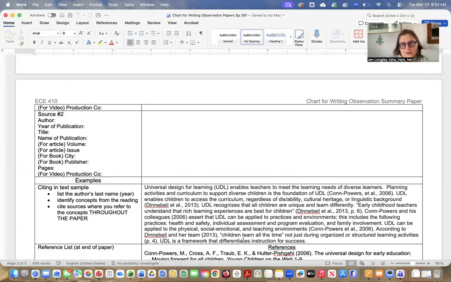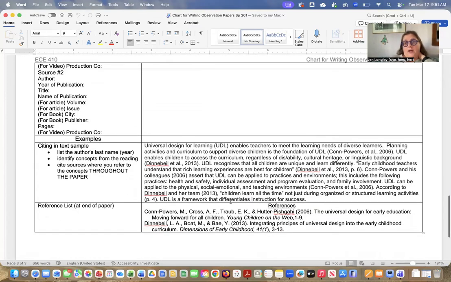You should cite the sources when you use them, or when you refer to the concepts in the paper. So this is an example. Notice nowhere in the text do I name the article. I only talk about the authors. That's what we do in APA.